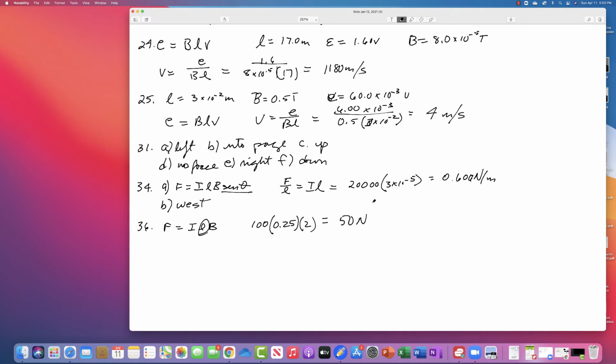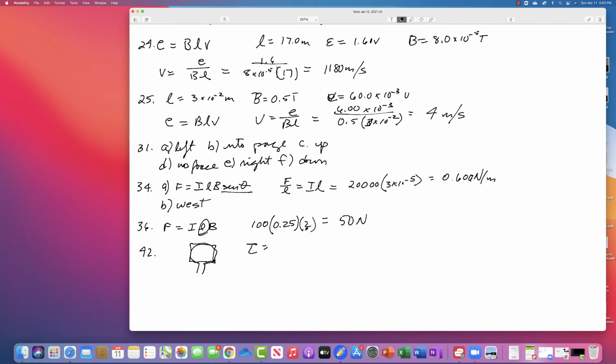Number 42. With number 42, we're now talking about torque. What that means is if you have a loop like this, we'll make it a square loop, and you have a current passing through a magnetic field, it causes this loop to rotate. That's what the torque is, the force of rotation for this loop. We'll talk about this more when we talk about motors and generators.